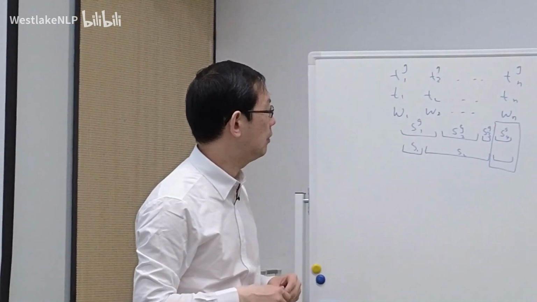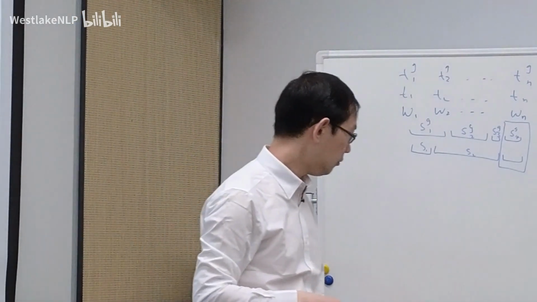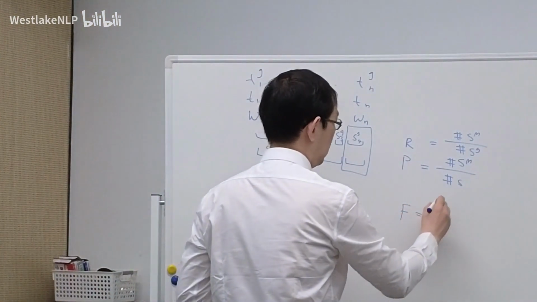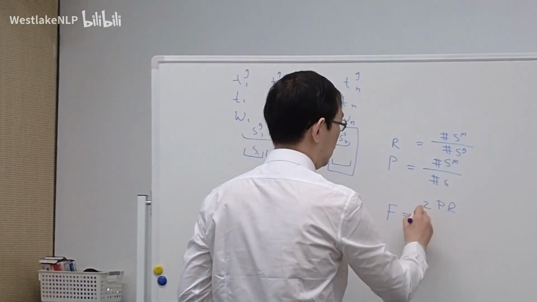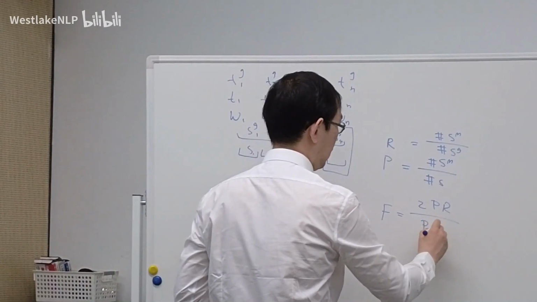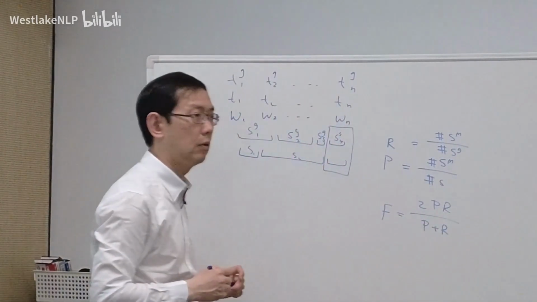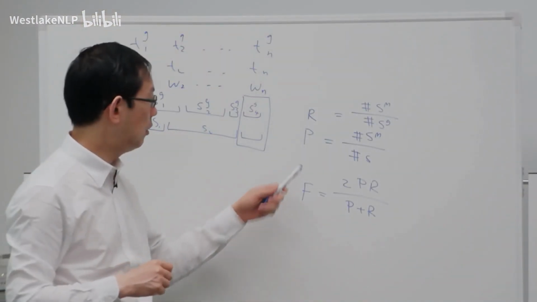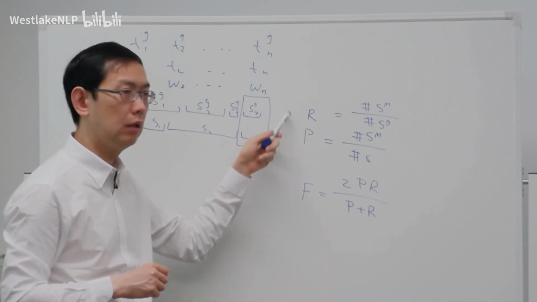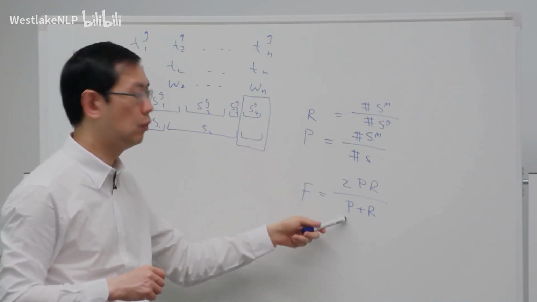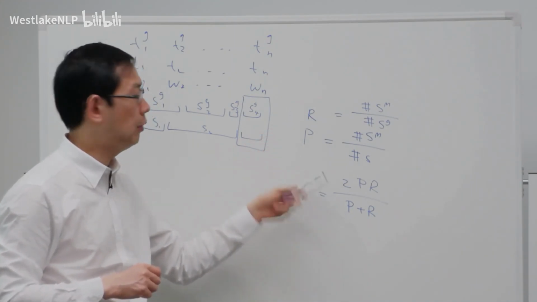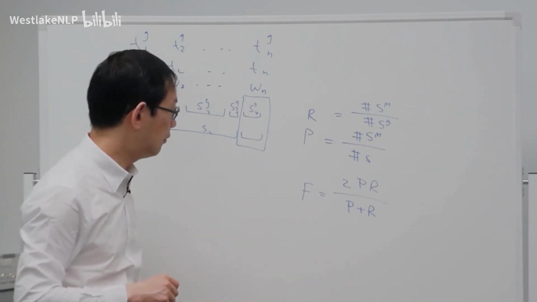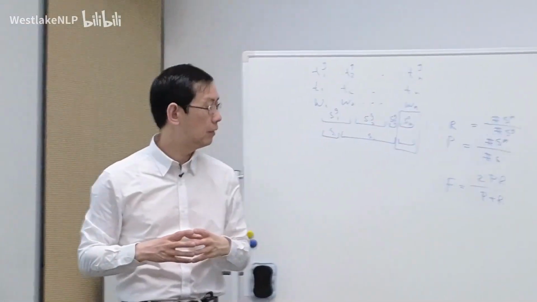So once you have precision and recall, you can define F score as 2 times precision times recall divided by precision plus recall. Okay, so you can easily see that if both are 100%, then this is 1. Okay, so if both are a half, this is a half.